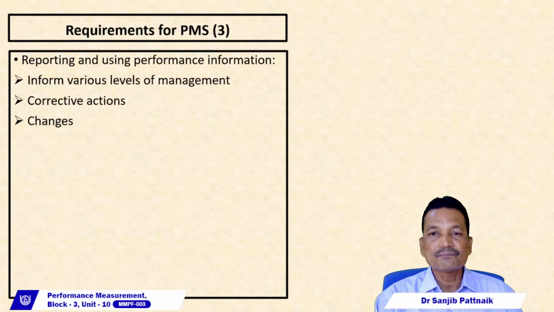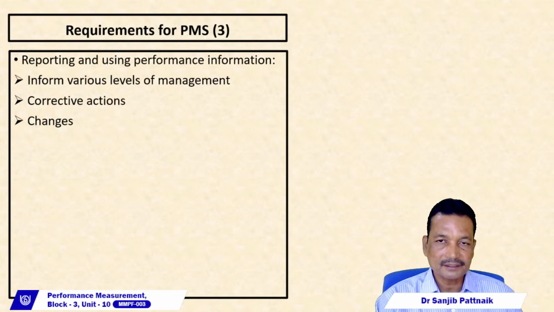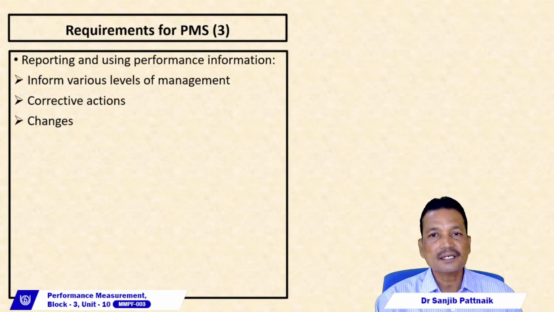So if any level of management for whom the performance management system of a particular activity is important finds any negative deviations occurring, then corrective actions should be suggested and taken up, and any kind of changes can be incorporated.